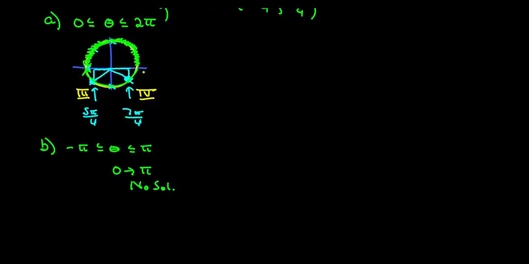So as we count backward, this one right here, I'll do it in a different color, let's do it in purple, is negative pi over 4. This is negative 2 pi over 4, and this is negative 3 pi over 4.